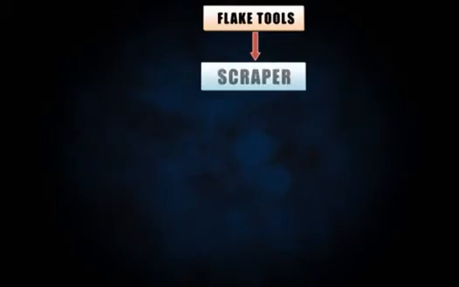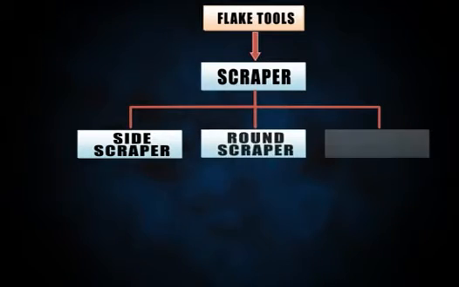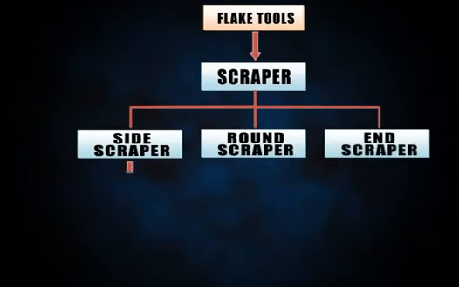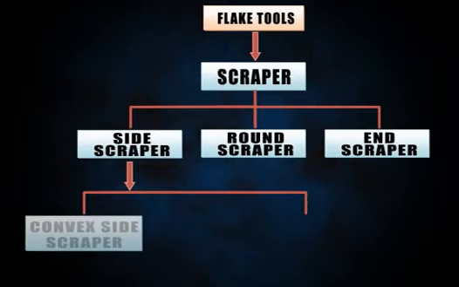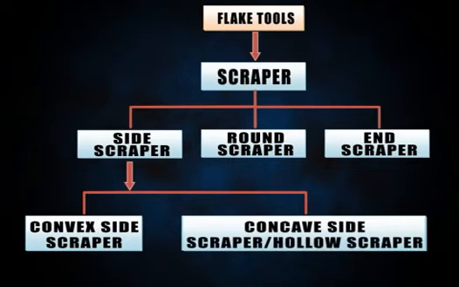Here our main concern is on three types, namely side scraper, round scraper and end scraper, and two subtypes, convex side scraper and concave side scraper, also known as hollow scraper only.